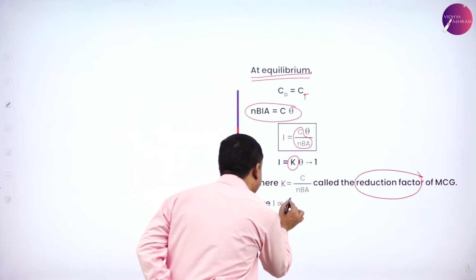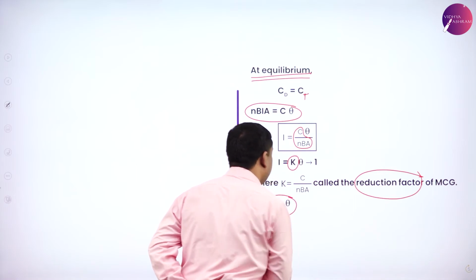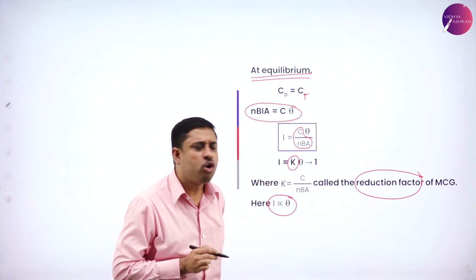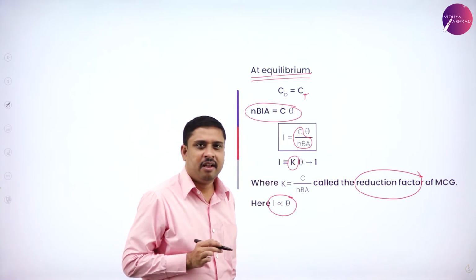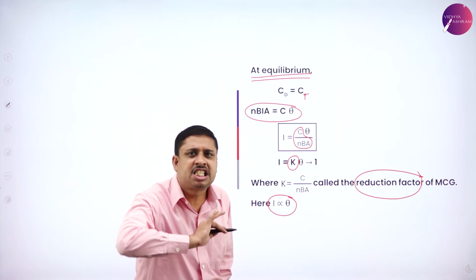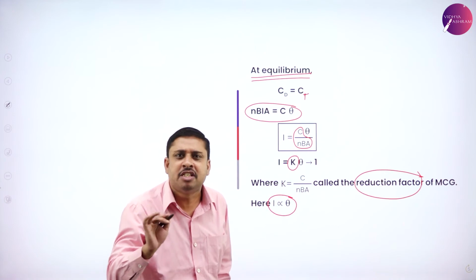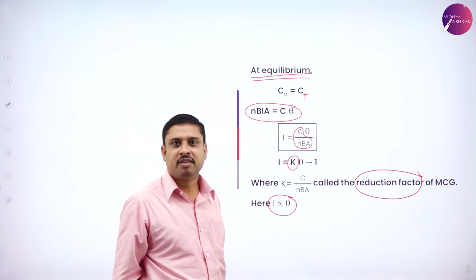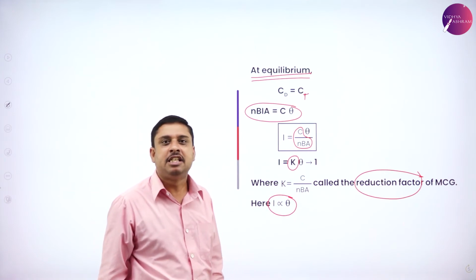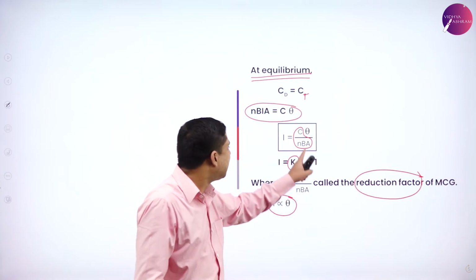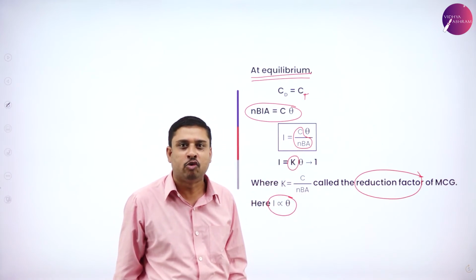Therefore, if you see, I is proportional to theta. If there is large current flowing through the coil, deflections in the coil is more. If the current in the coil is reduced, theta also reduces.